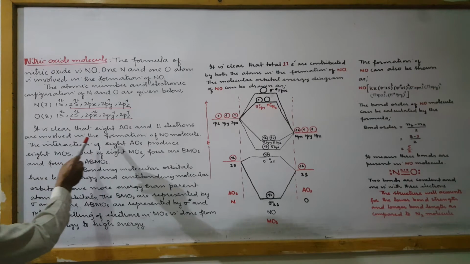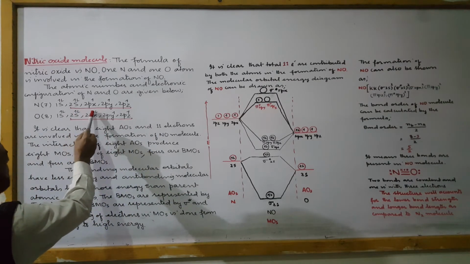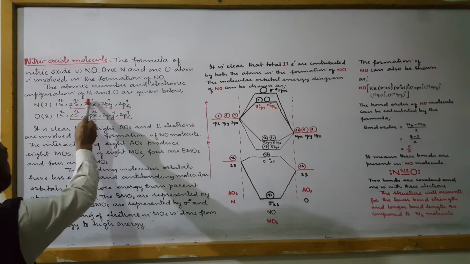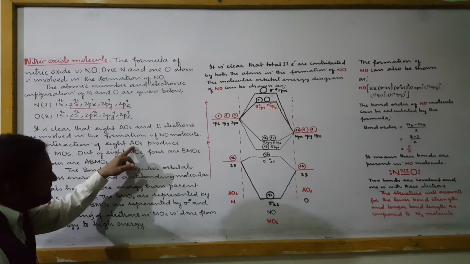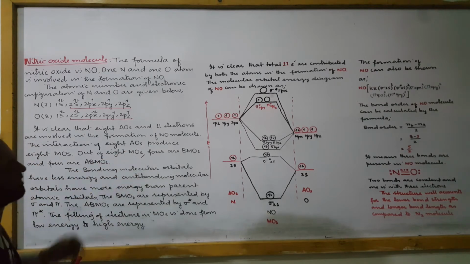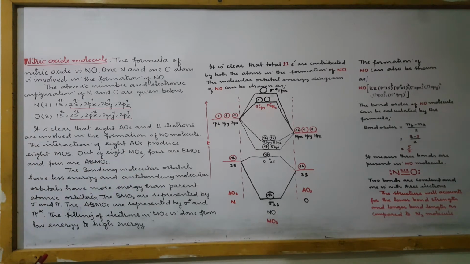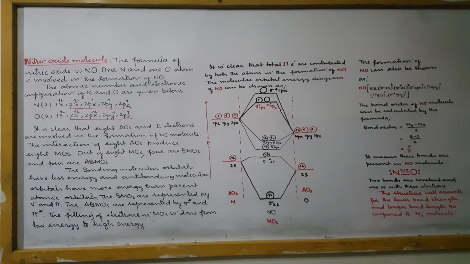It is clear that 8 atomic orbitals and 11 electrons are involved in the formation of the NO molecule. The interaction of 8 atomic orbitals produces 8 molecular orbitals: 4 are bonding molecular orbitals and the other 4 are anti-bonding molecular orbitals.